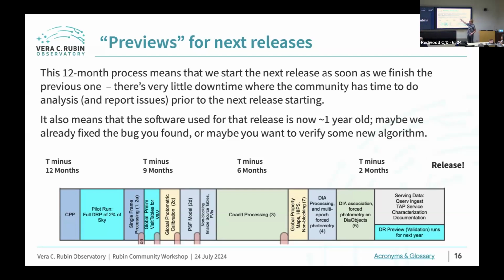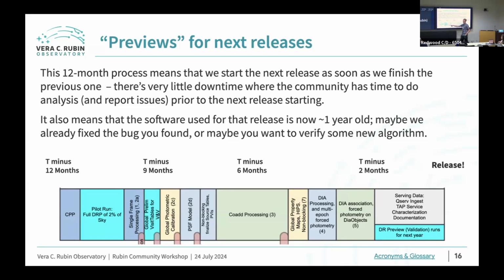And so that means that in addition to not having a whole lot of time after the release is produced before we're already starting to produce the next one, if we're here at the release date, the software that was used to process those images comes from all the way back here.